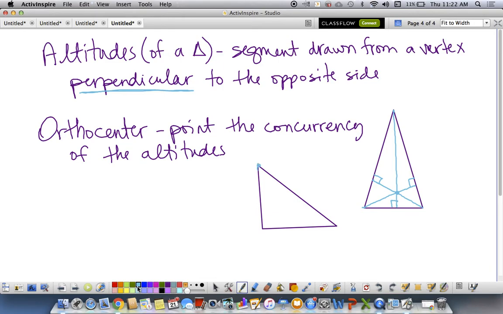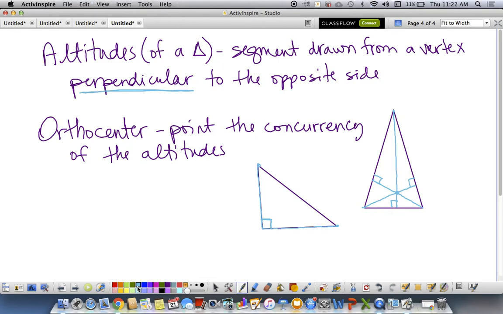Vertex, straight down at a right angle. It's already there. Wait, what about this vertex? To a right angle. Whoa. If there's a right triangle, the orthocenter will be on the triangle. Okay, it will be at the right angle.